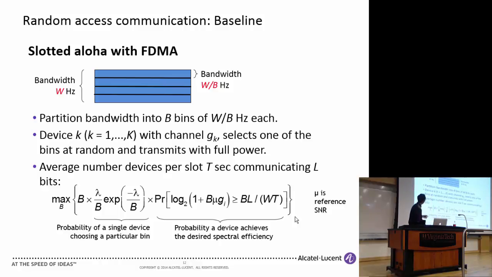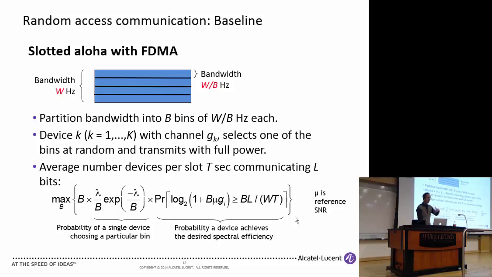And so this is the average number of devices per slot communicating L bits, which can be written as this expression here. It's basically saying there are B bins. Here's the probability of only one device choosing a bin. Here's the probability that the link budget is met for transmitting L bits.